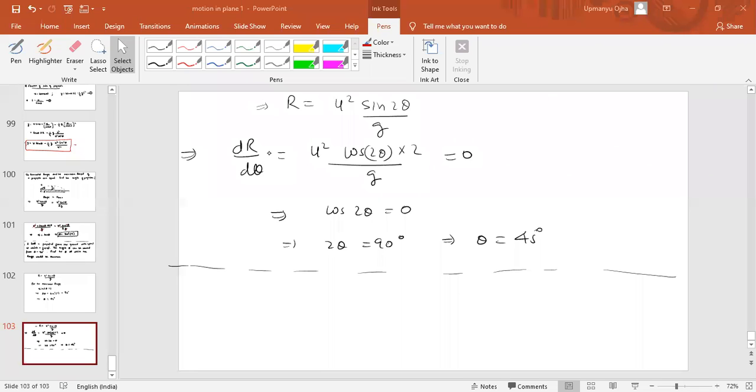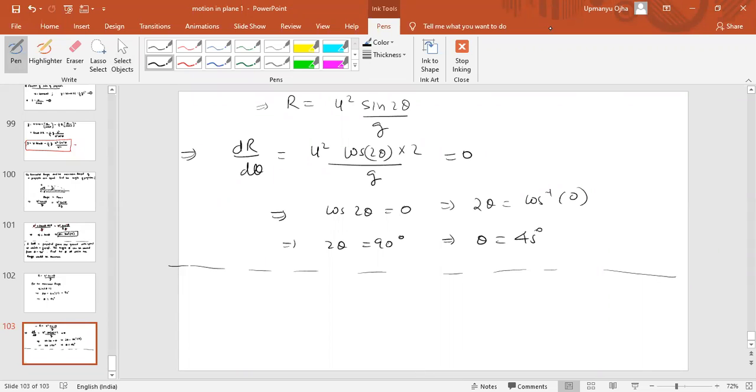Last step: cos 2 theta equal to 0, which means 2 theta equal to cos inverse of 0. When can you have cos equal to 0? When the whole term is 90 degree. Then only we can write 2 theta equal to 90 degree. So theta equal to 45 degree.